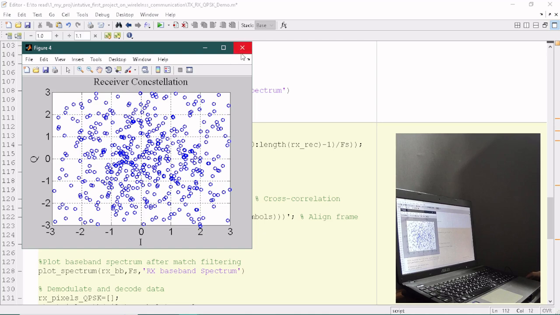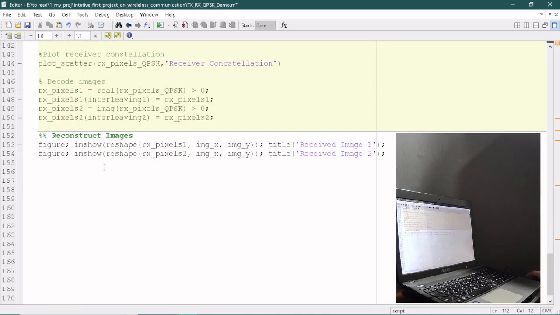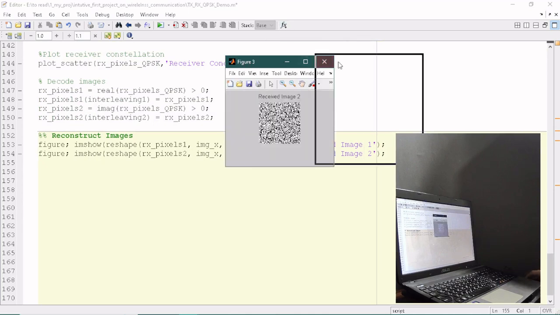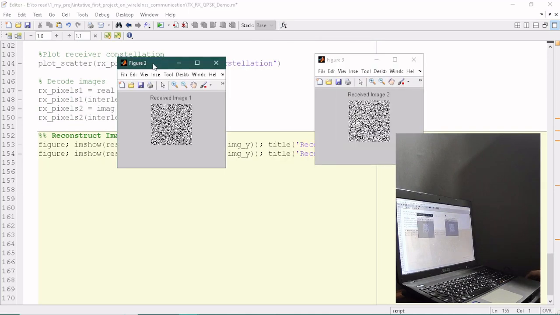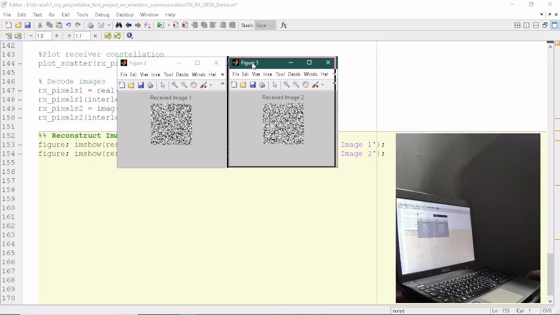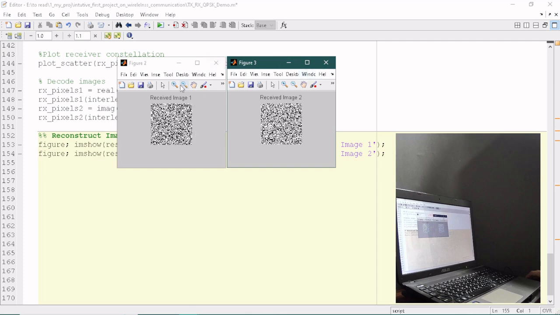So let's run the final part and see. As we expected, we cannot see any figures here. We cannot recognize what's going on because the signal is very attenuated and we cannot receive the images perfectly.